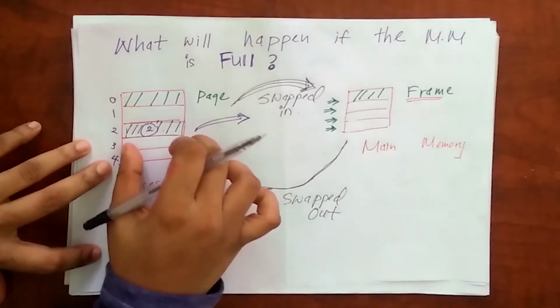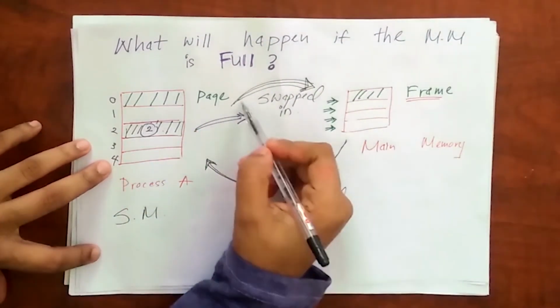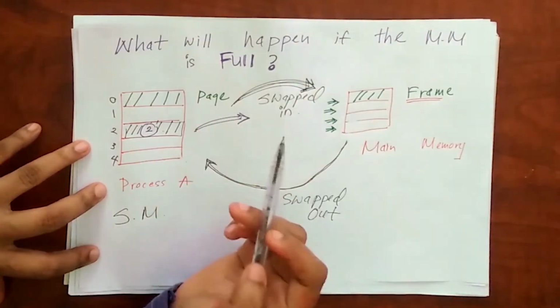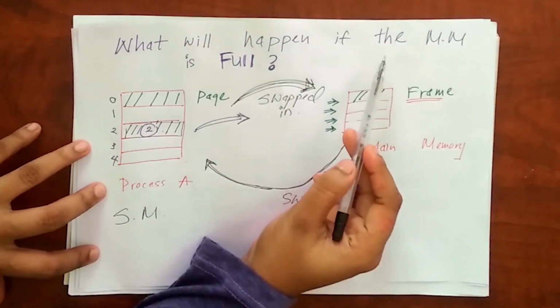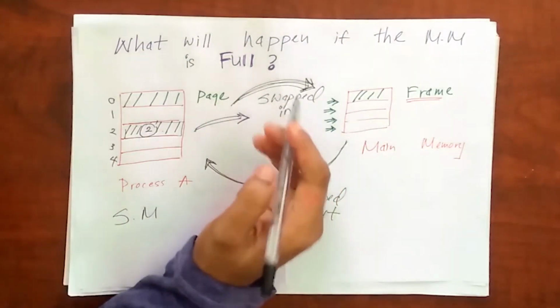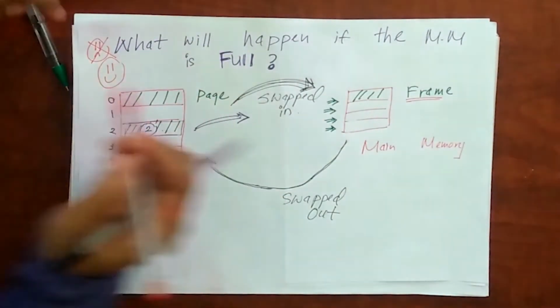And when a page is moved from the secondary memory to the main memory, it is swapped in. So this will happen when the main memory is full. We have the answer now.